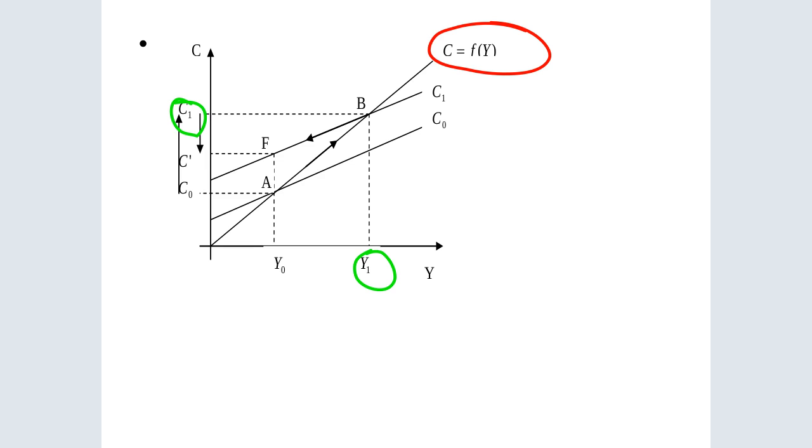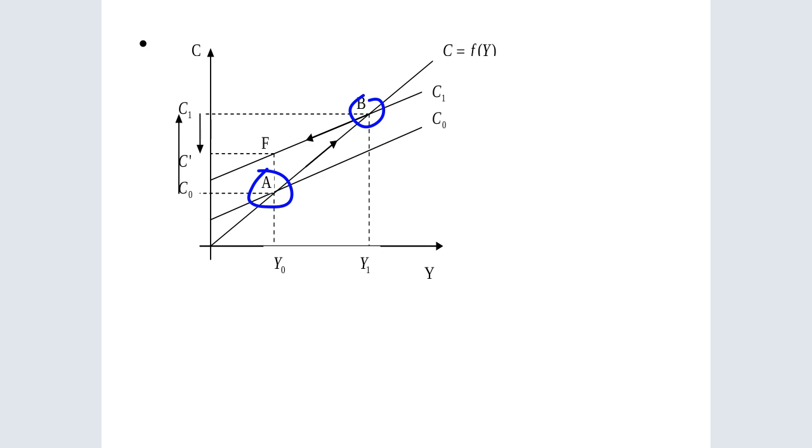The level of consumption that corresponds to Y1 is C1. So if the income falls, we expect the consumer to move back from point B to point A. That does not happen.